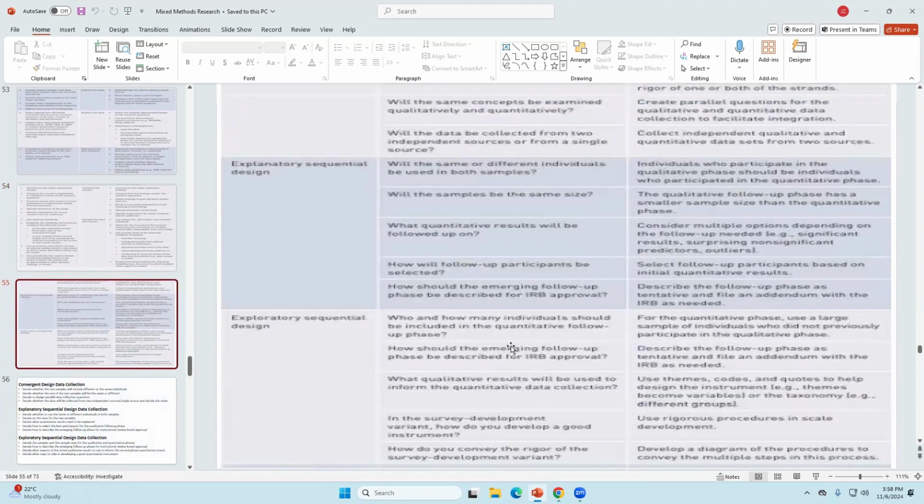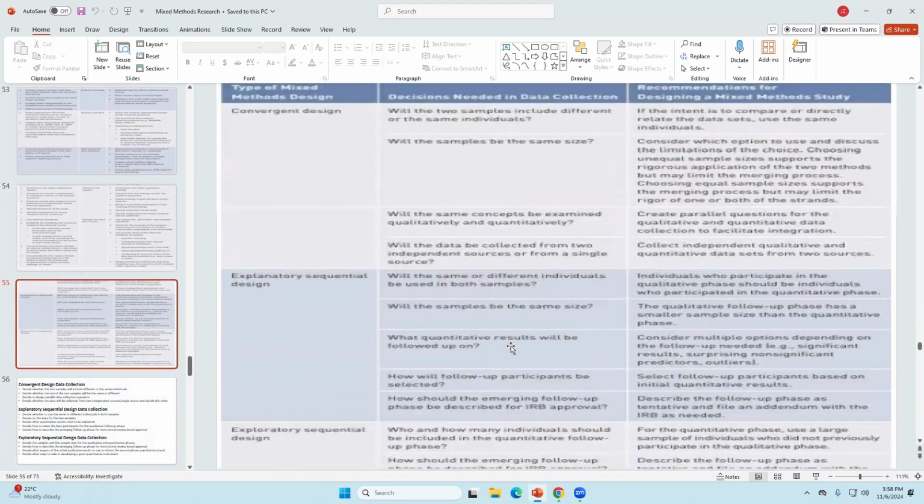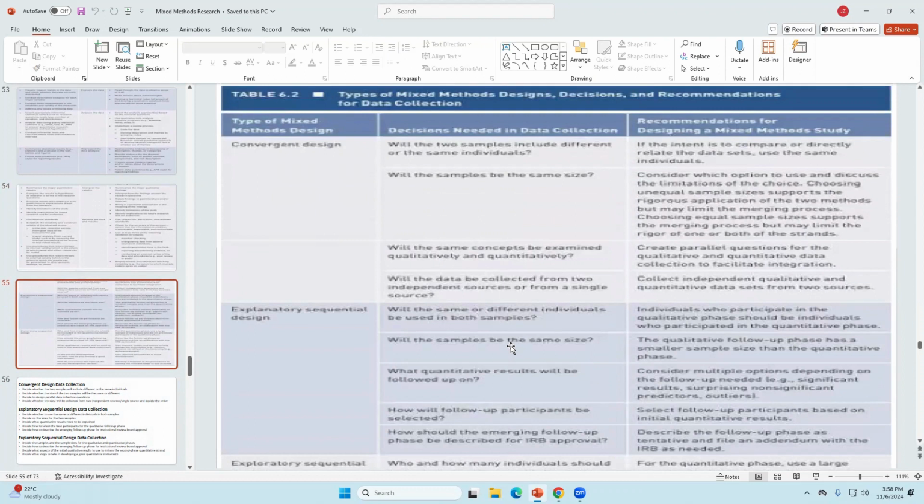Okay, now this is important, how you do it in mixed method. Okay, the types of mixed method design, decisions, and recommendations for data collection. Now you understand that either you use qual or quant, you have to apply it from all those steps: identifying the sample, sampling strategy, preparing the questions, identifying the people, all those ethical issues, collecting data, filtering the data, analyzing data, synthesizing the result.